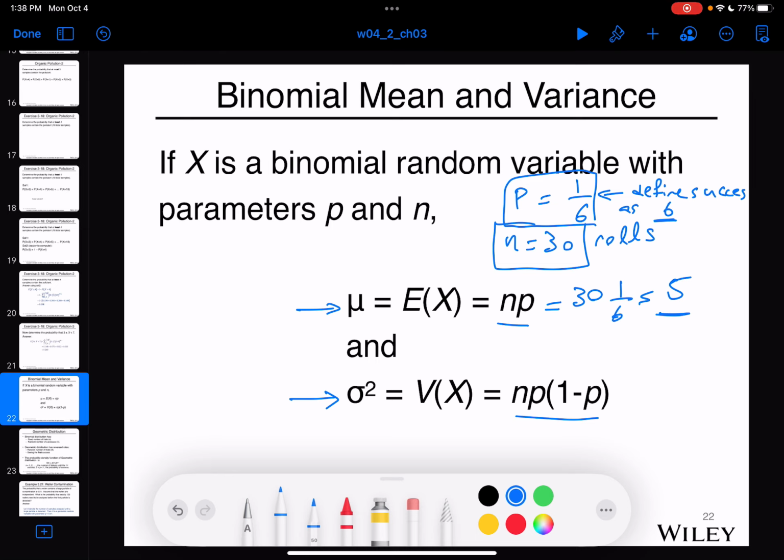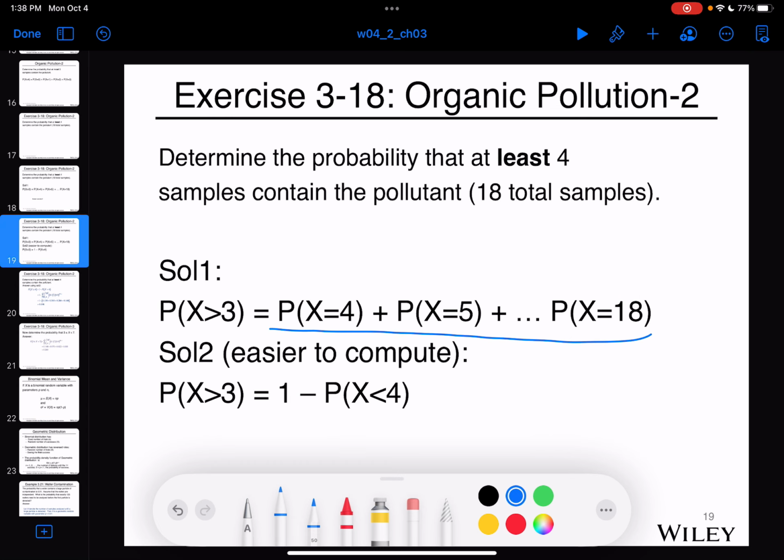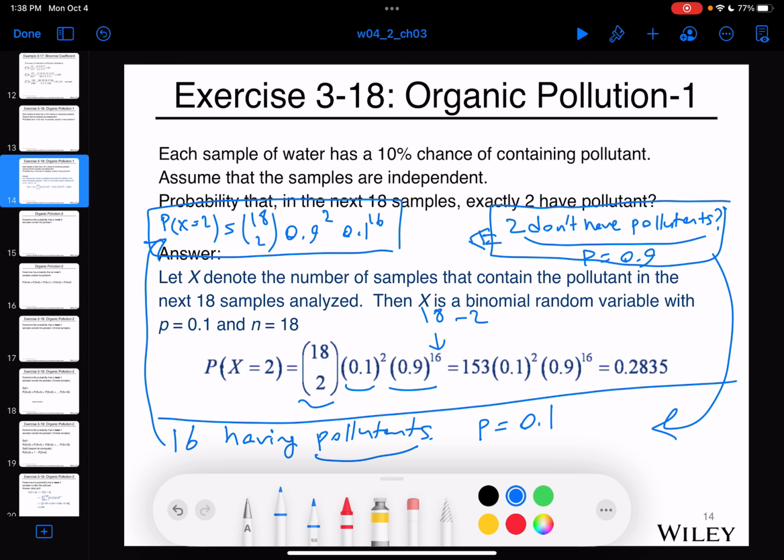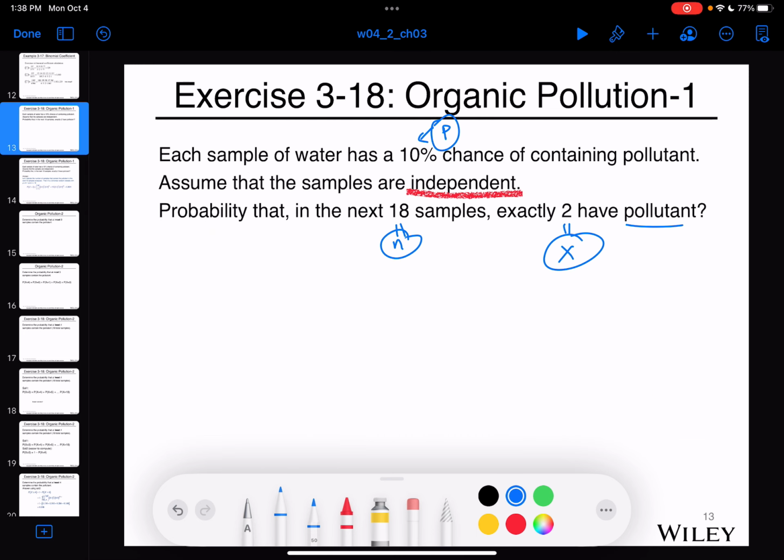So, for example, in the previous example that we had with the pollutants, right? Here, the probability of success is 0.1, and we have 18 samples.